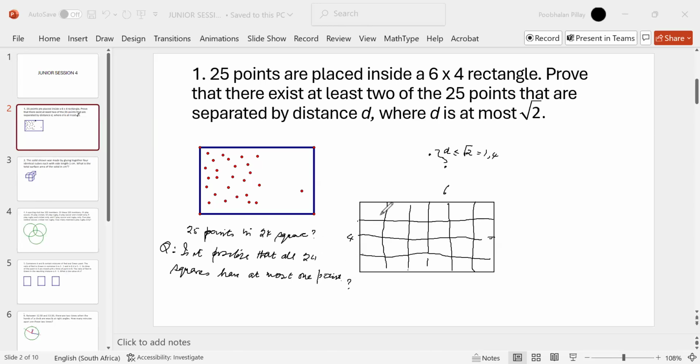If you think about it, if you have either 0 or 1 point in each of these squares, then if you count the total number of points, there are 24 squares, and each square has got less than or equal to 1 point. Could be 0. Therefore, you will have at most 24 points altogether.